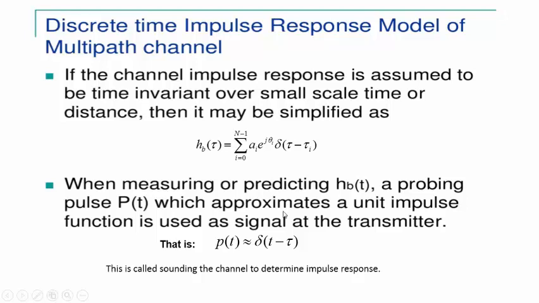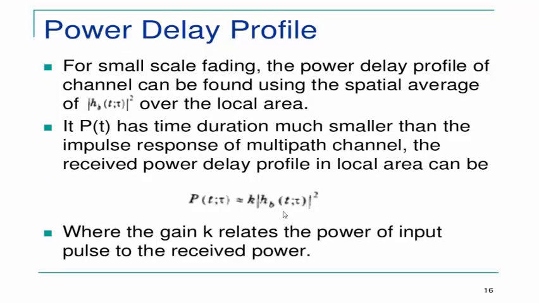That is, p of t is nothing but delta of t minus tau. This is called sounding the channel to determine the impulse response. The behavior of the channel can be analyzed by using different channel sounding techniques.